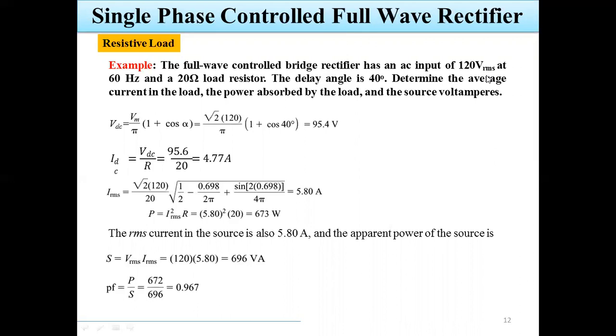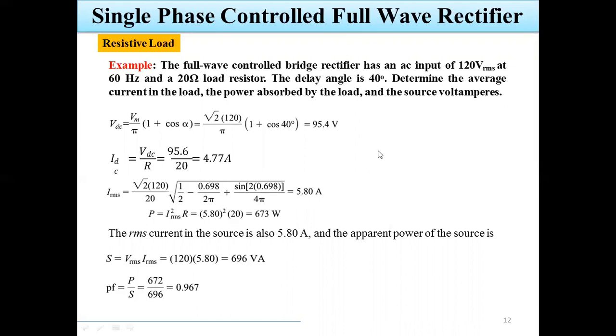Next, the IRMS value is equal to Vm by R times the square root of (1 by 2 minus 0.698), where 0.698 comes from alpha by 2 pi plus sine of 2 alpha by 4 pi.